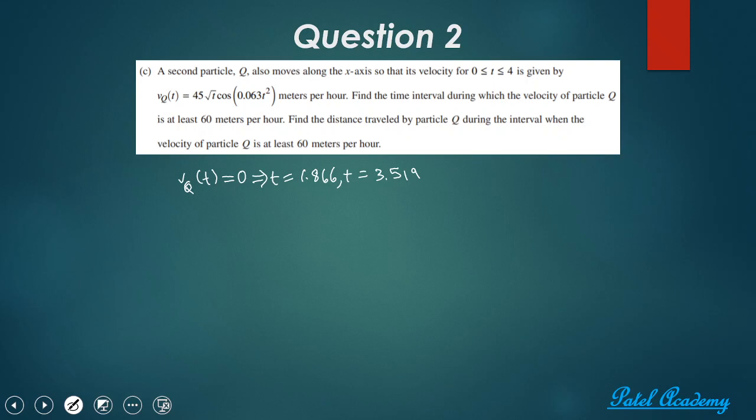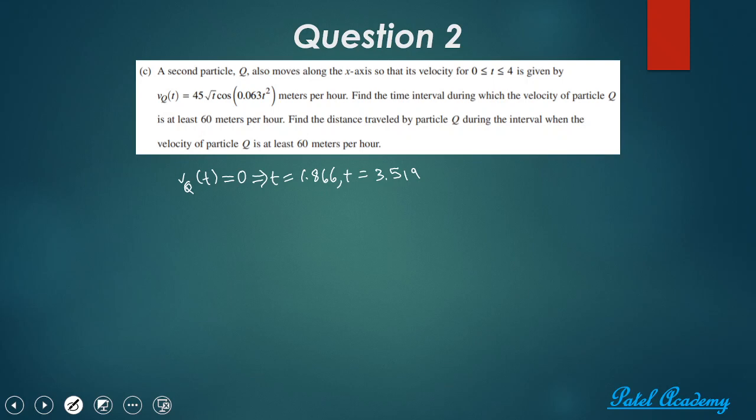So now that we have our two roots, you can verify them on your calculator. We notice that both of them are within the original interval from 0 to 4. Now also, we need to consider the fact that this is where the velocity is at least 60 meters per hour.